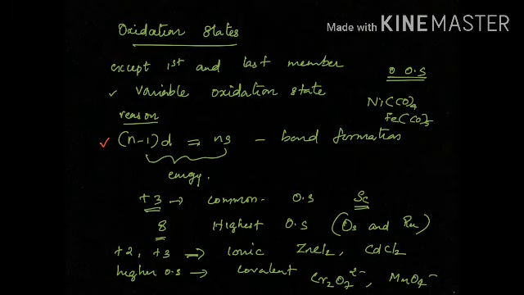The common oxidation state exhibited by the first transition series is +3, and the highest oxidation state exhibited by the transition element is 8. It is exhibited by osmium and ruthenium. Then those compounds having lower oxidation states such as +2 and +3 are ionic in nature, but those having higher oxidation states are covalent in nature. Transition elements can even exhibit zero oxidation state.